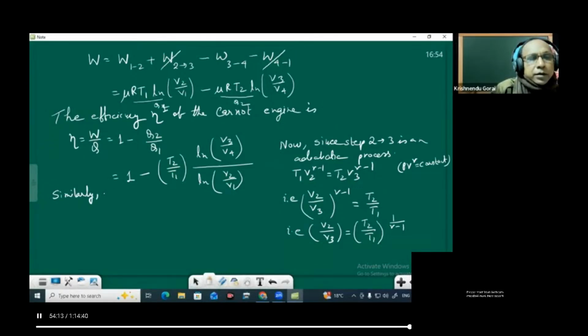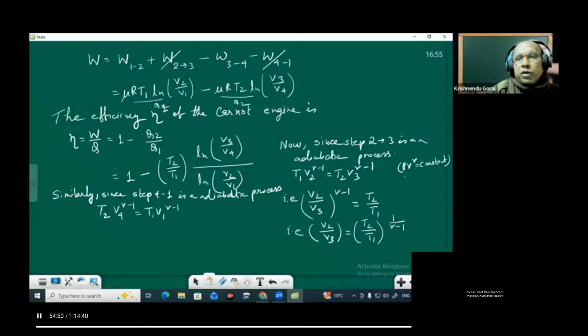Since step 4 to 1 is an adiabatic process, here you can write, the same formula we use, T2 V4 to the gamma minus 1 is equal to T1 V1 to the gamma minus 1.